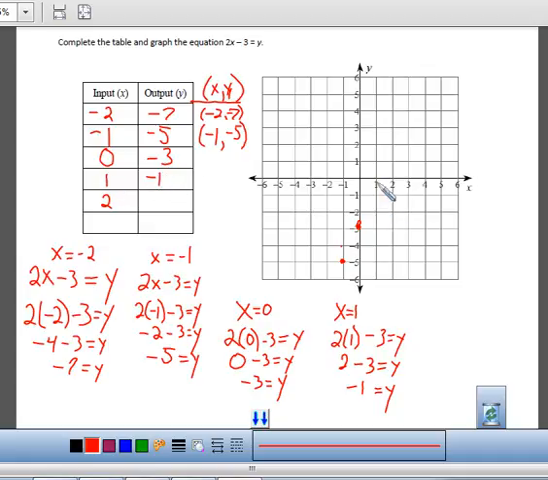Now you might be noticing a pattern here, and that pattern is true. For 2, 2 times 2 minus 3 equals y. So 2 times 2 is 4. 4 minus 3 is 1, so I get 1 equals y. So when x is 2, y is 1, so over 2, up 1.